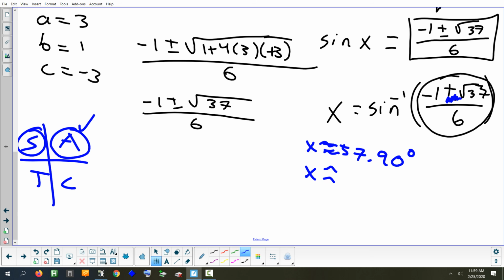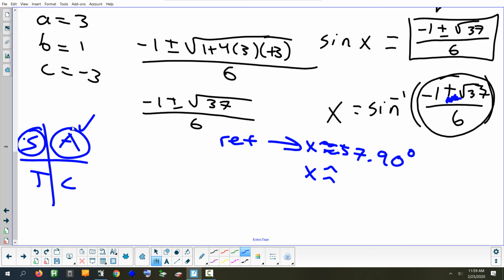What do we call that 57.9? It's my reference angle. That's the angle that I use as my reference to get the other answer. So we're in quadrant 2 for the second answer.